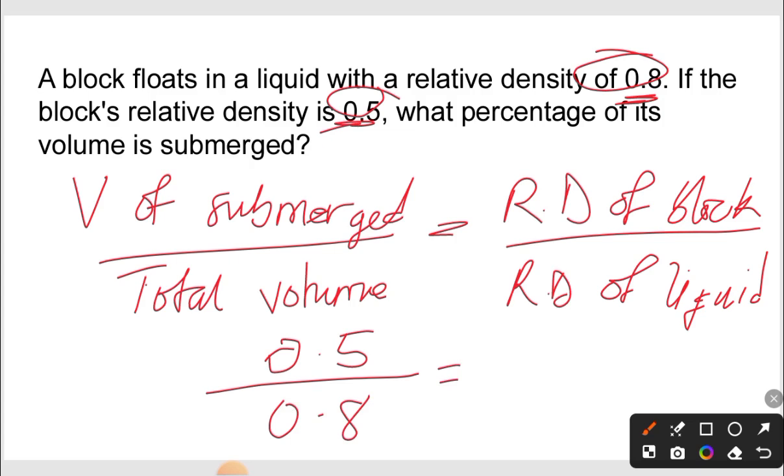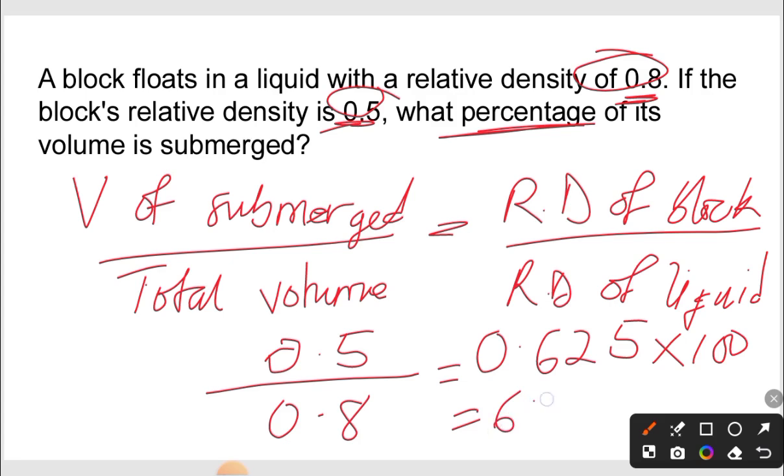So the formula for relative density could also be relative density of substance over relative density of water. Over here it's a liquid. We are going to have 0.625. Now we ask what is the percentage. Now to get percentage, all you have to do is to multiply this by 100. We are going to have 62.5%. So 62.5% of the block's volume is submerged.